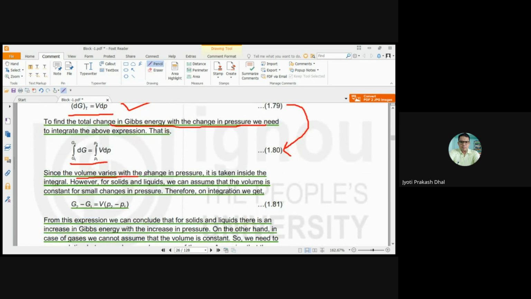Since the volume varies with change in pressure, it is taken inside the integral. So the value of equation 1.80 can be written as G2 minus G1 equals V into P2 minus P1.